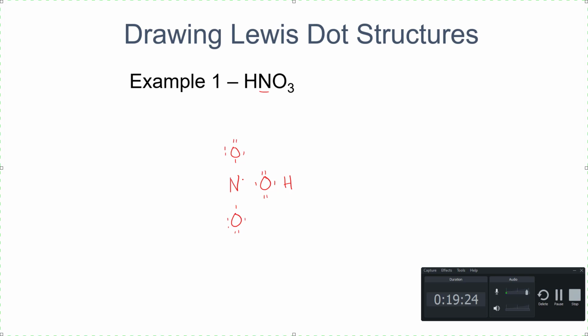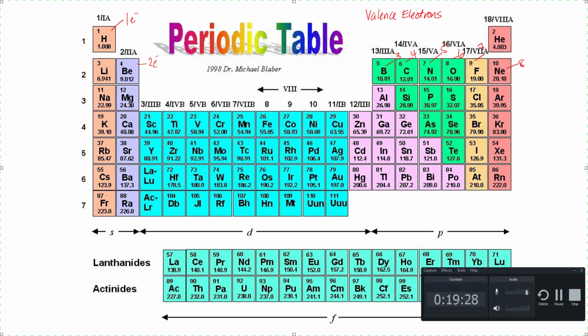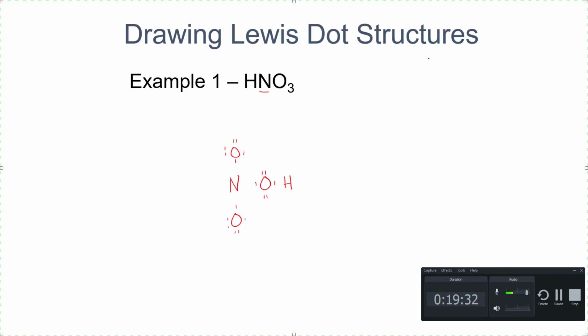For nitrogen, if we go back to the periodic table, nitrogen is in column 5, and so nitrogen would have 1, 2, 3, 4, 5. And notice that I'm drawing the unpaired electron where there's another atom that will eventually form a single bond.